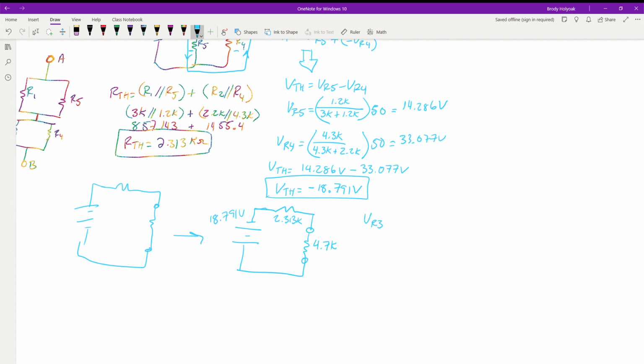With the circuit in play, it's going to redistribute. So we're going to take this 18.791 and split it up between our R Thevenin and our load. So VR3 is equal to 4.7 kilo ohms over the 4.7K plus the 2.313K, multiplied by the negative 18.791 volts.